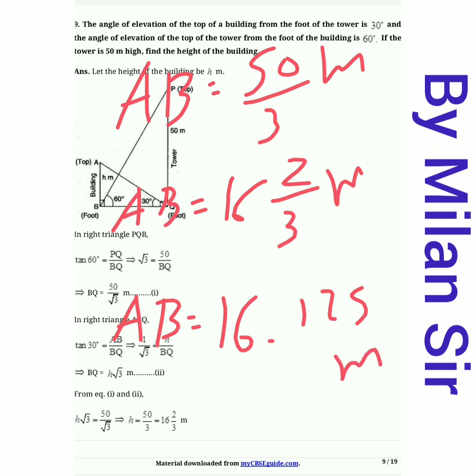So we can write 16.125 meter, right? So we can write any answer, either 50 by 3, 16 integer 2 by 3, otherwise 16.125 meter. So this is our final answer. At last we need to write this: the height of the building is 16.125 meter.